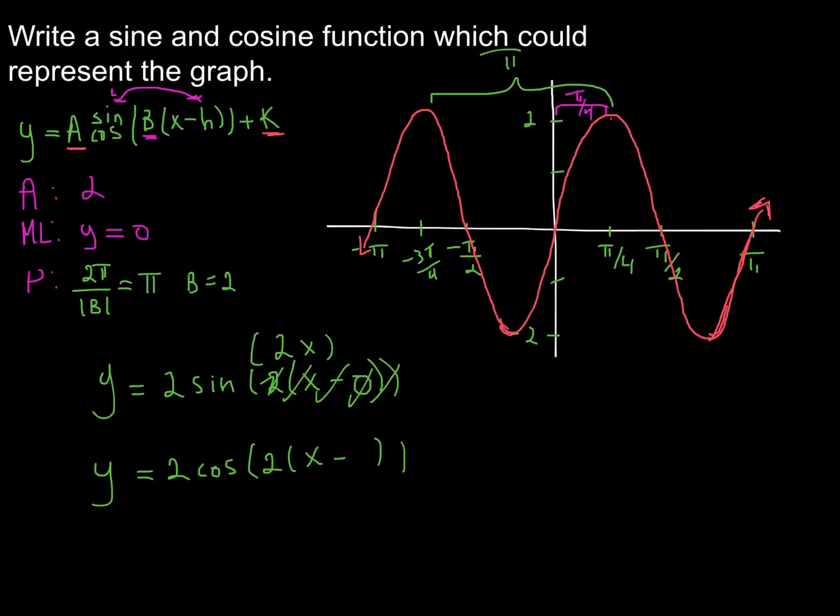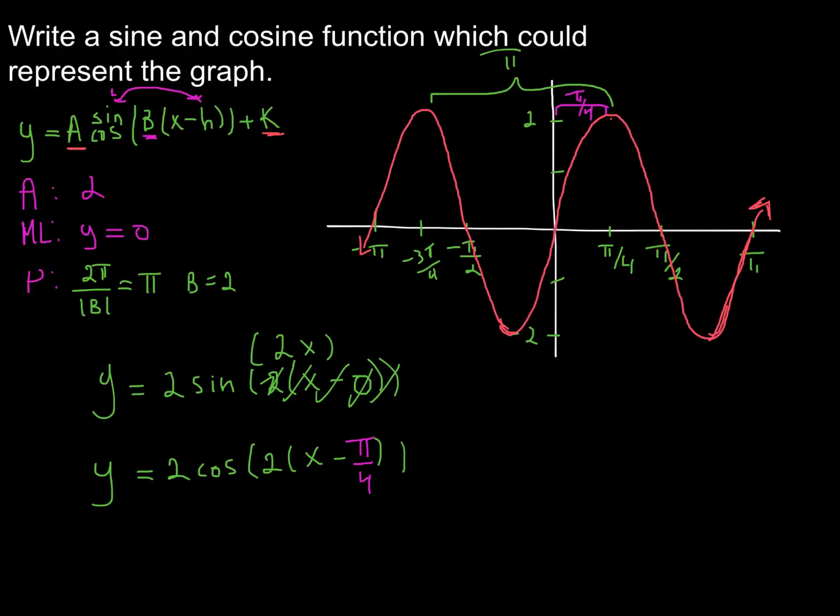That's how far this function that I'm graphing has slid to the right, has been translated to the right. And so the phase shift, in order to make this a cosine function, would have to be pi over 4 radians to the right. And so my h value will be pi over 4.